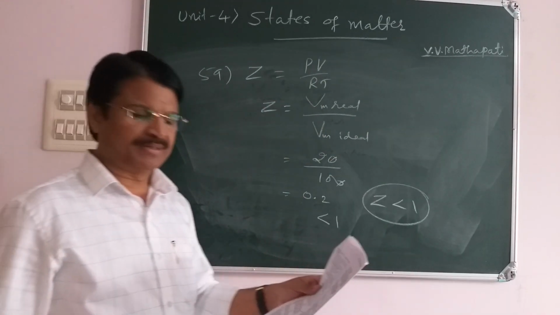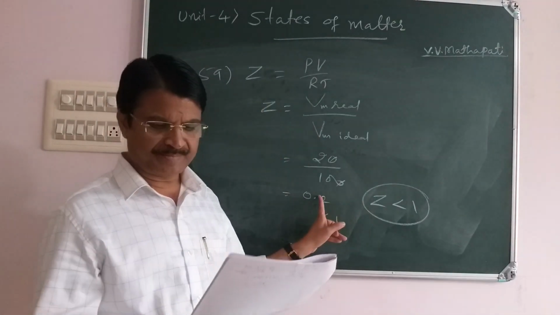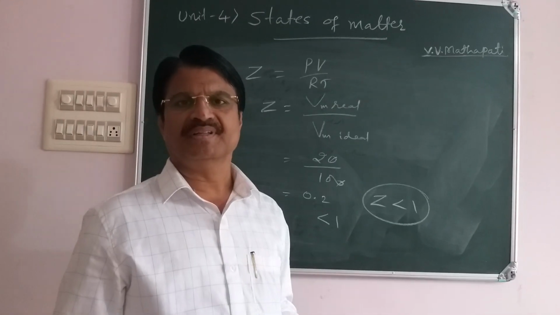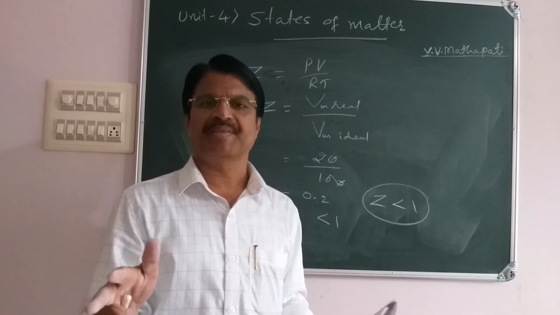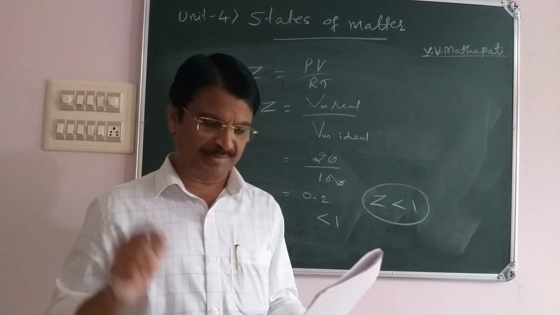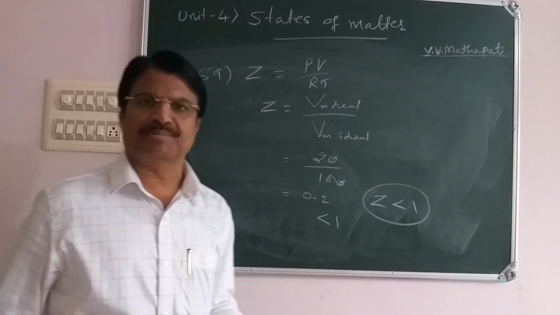So the answer is the first option, Z less than 1 and attractive forces dominant. Attractive forces dominant means the gas can be compressed and liquefied. It is a correct statement. So the answer is 1.